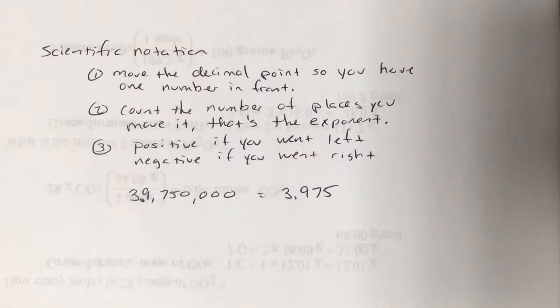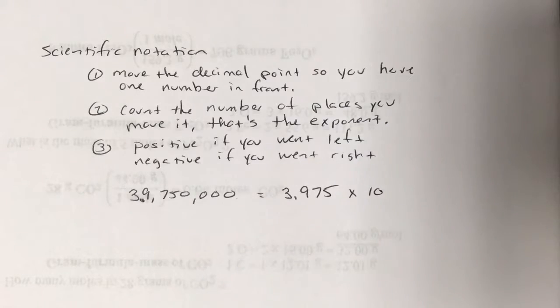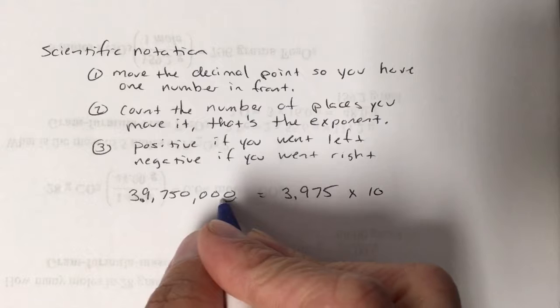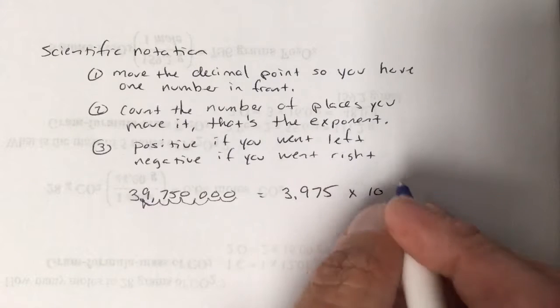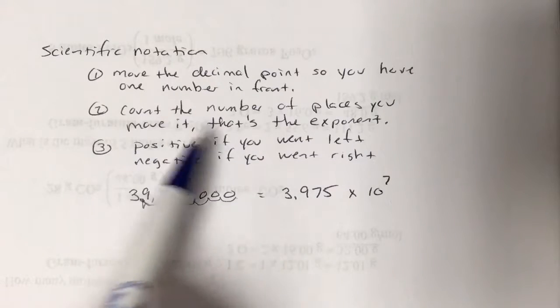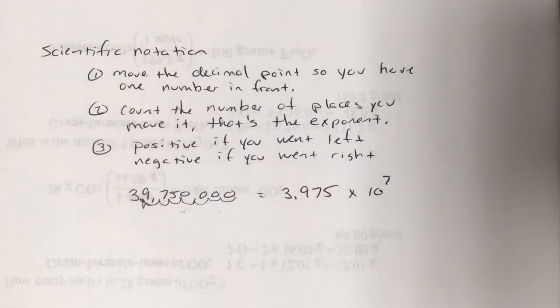So 3.975. Then it's times 10. The exponent will be the number of places I moved the decimal point. And I will have gone 1, 2, 3, 4, 5, 6, 7 places. That exponent will stay positive because I went to the left.